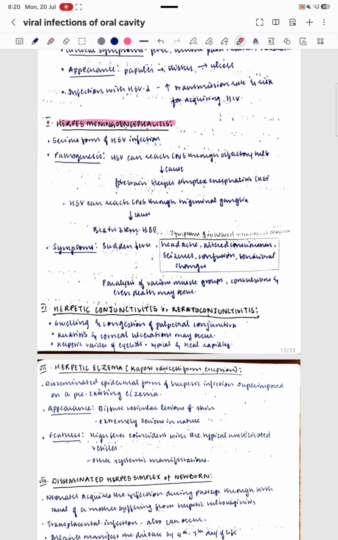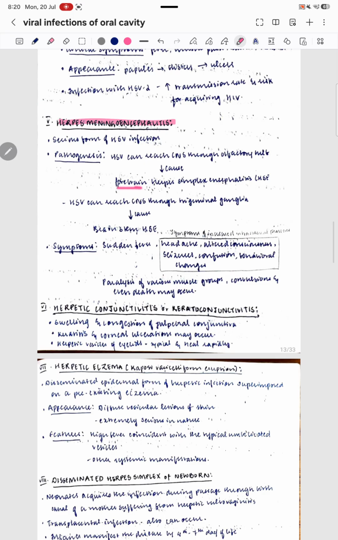Okay, so basically it affects the forebrain, and forebrain is basically a part of your brain. And it can reach the CNS through the trigeminal ganglia. Okay, remember this is also very important, that it affects the trigeminal ganglia and causes brain stem HSE.